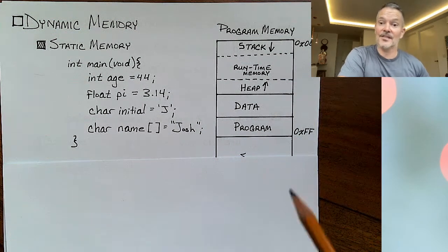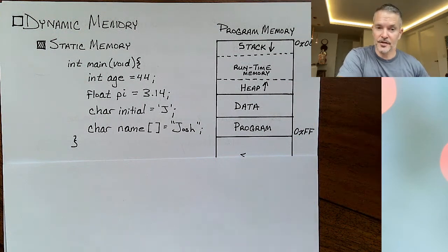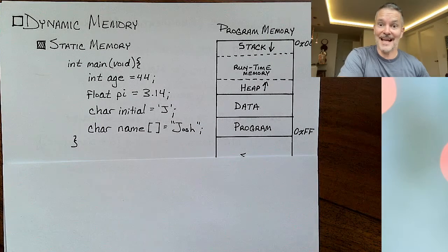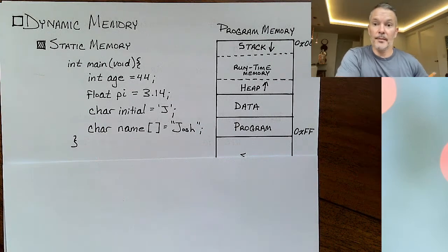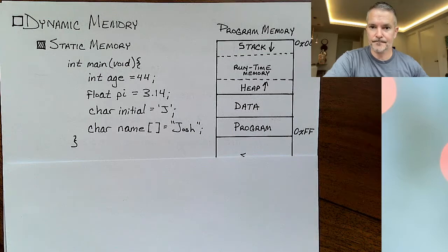These kinds of variable declarations are referred to as static memory. What we mean by that is, as we're writing the program itself declares a certain amount of memory that is going to be needed when the program is loaded into memory.